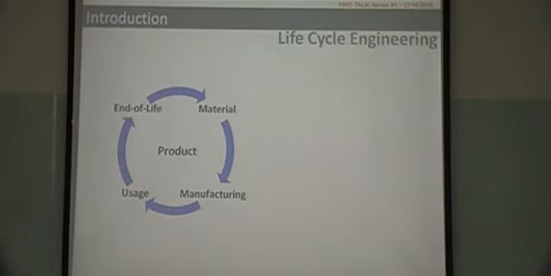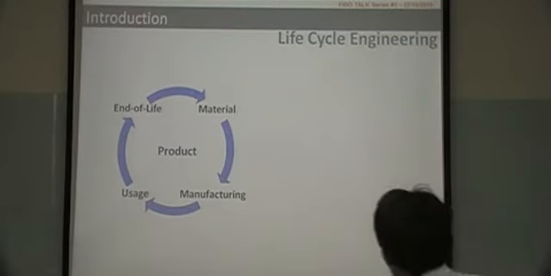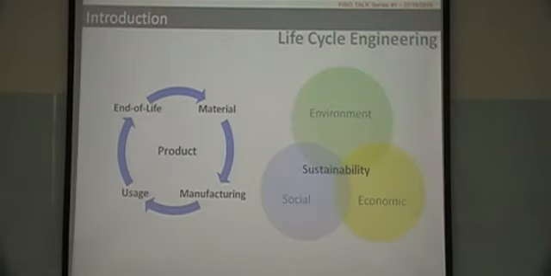And after that, what happens? If the products go obsolete or broken, it's the end of life stage, where you are going to throw them away, right? So all this is the lifecycle of the products that lifecycle engineering takes into account.